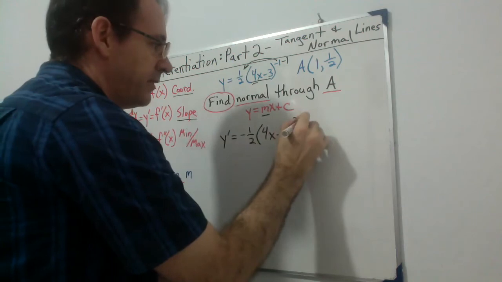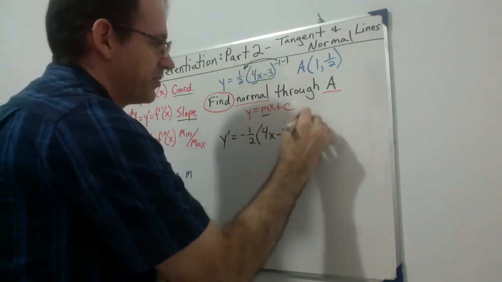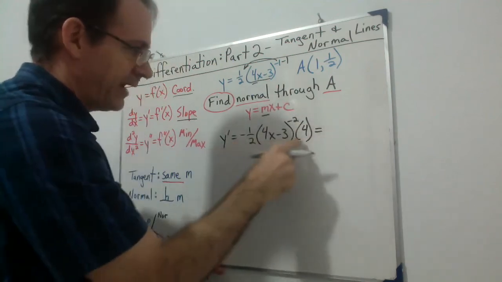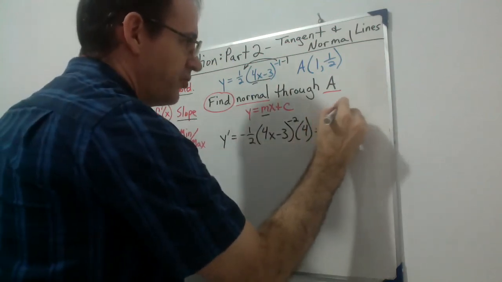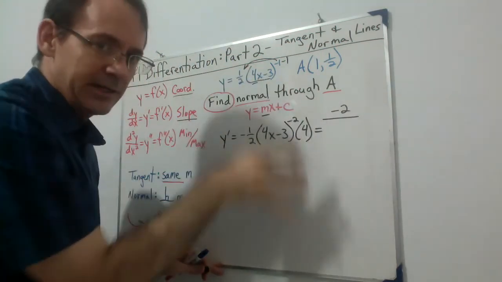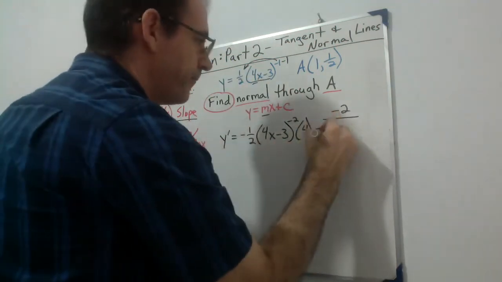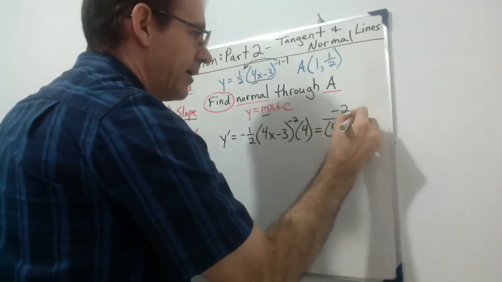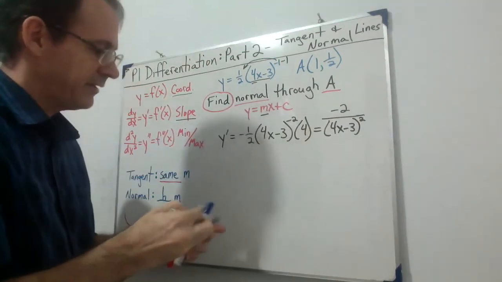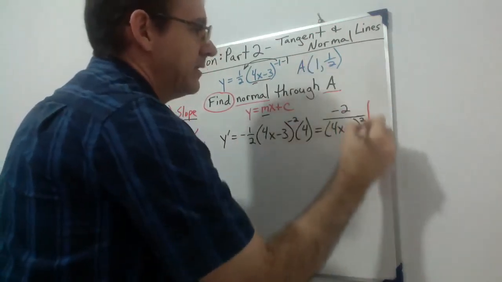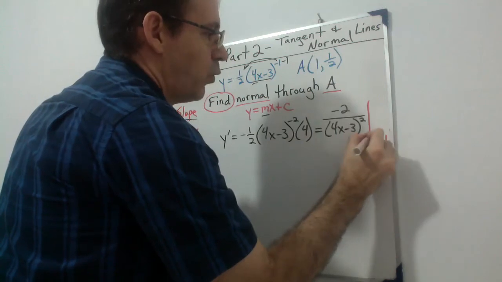The derivative of 4x minus 3 is just 4. So this becomes a -1/2 of 4 is a -2 over, because this is a negative, meaning it goes down to the denominator, 4x minus 3 squared. And we want to evaluate this, because it's our slope, at x equals 1.